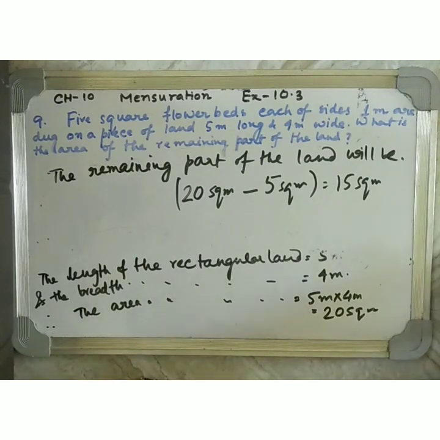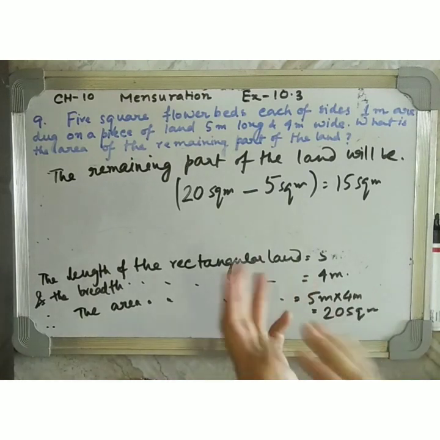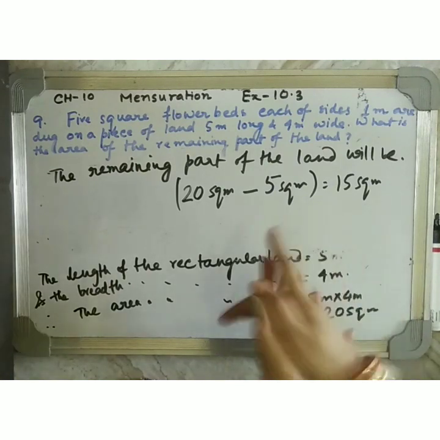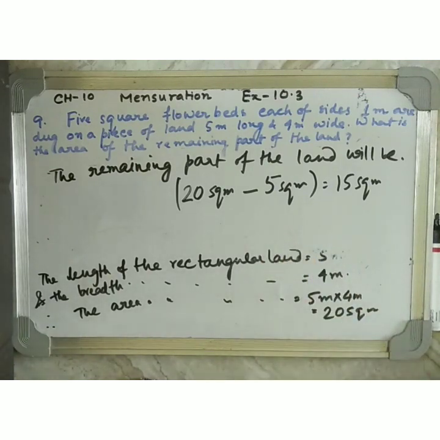Okay, so what have we done? First, for the 5 flower beds, we have found the area of each flower bed, and we have found the area of 5 flower beds. These flower beds are dug out from a land which has 5 meter length and 4 meter breadth. So we also have to find the area of the land. Okay, so we have found the area of the land, and it is 20 square meter.